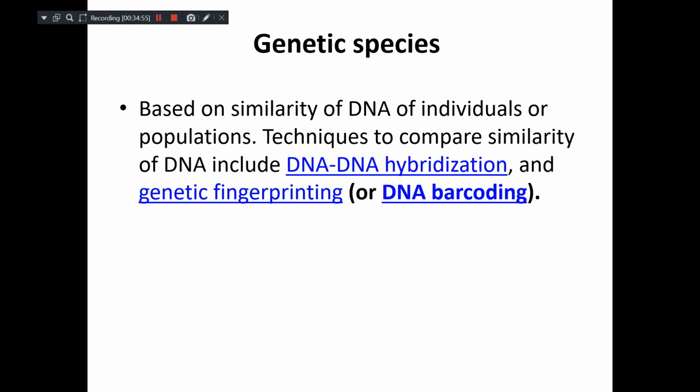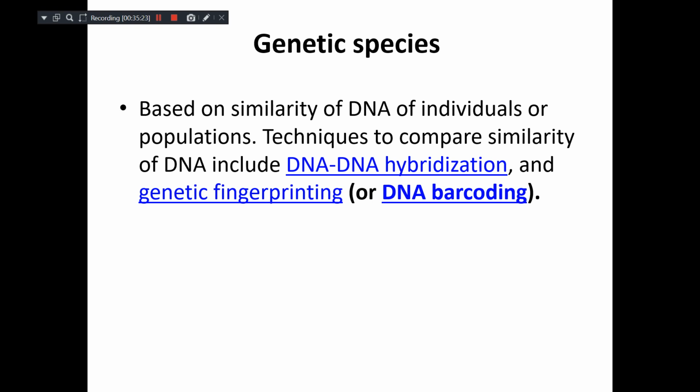Remember, genetic species is based on the similarity of DNA of individuals or population. If two individuals are having similar kinds of DNA, both belong to one species.